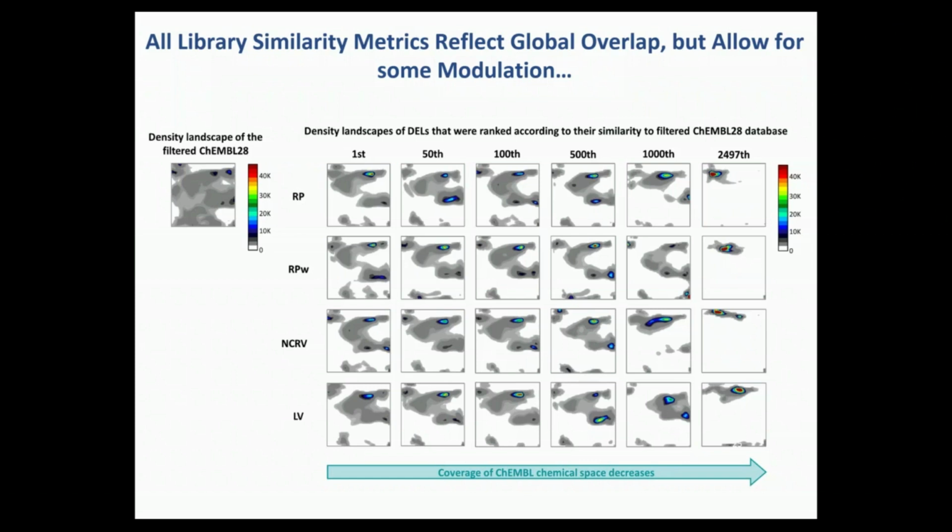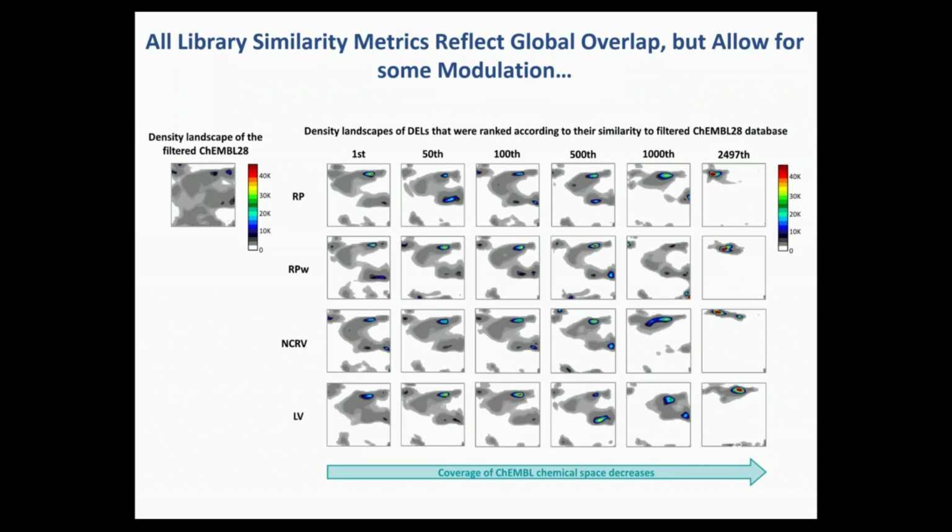This is background library weighted landscapes. This is normalized cumulative responsibility. I mean, the ranking is done according to these metrics, but what is depicted is the density landscape, and you see that depending on what metric you use, you don't have the same DEL that wins. So each metric will give a different winner, a different DEL in 50th position, 100th position, and so on.